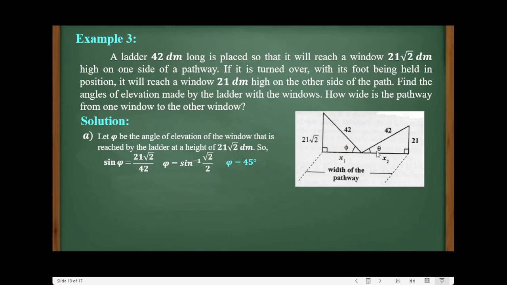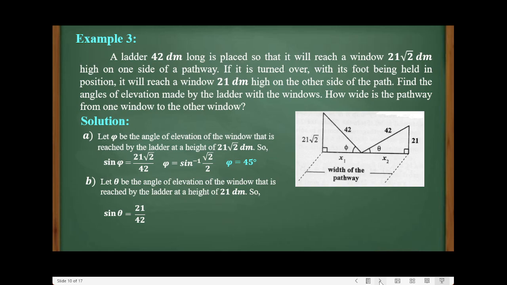What about the other angle of elevation denoted by theta? So here we consider the other right triangle. This is your opposite leg, and the hypotenuse. So we have sine theta is equal to 21 over 42, or that is 1 half.